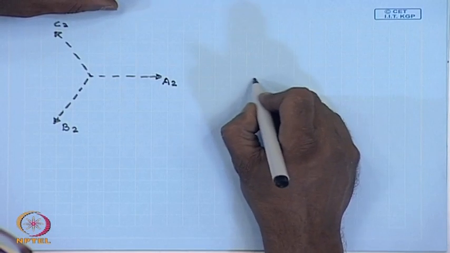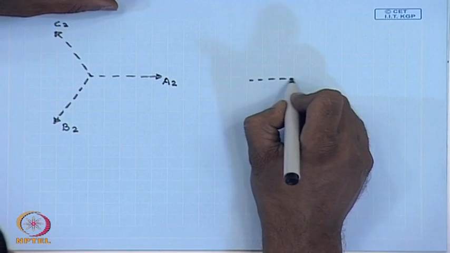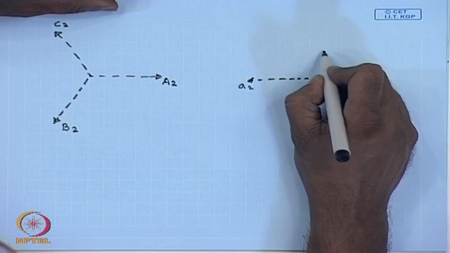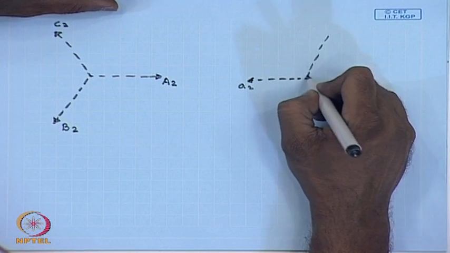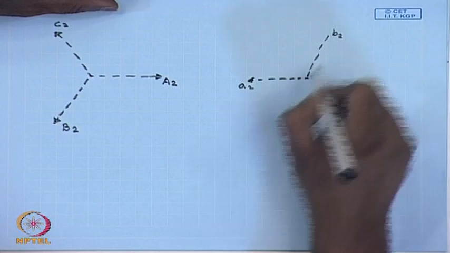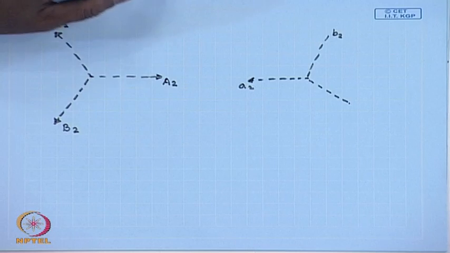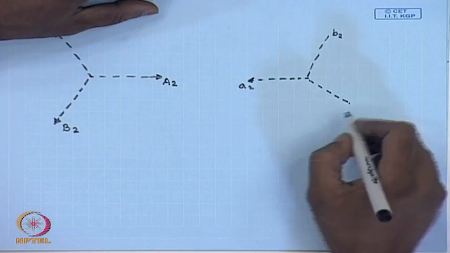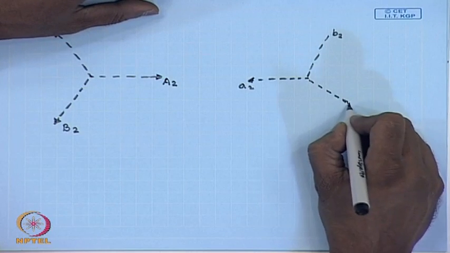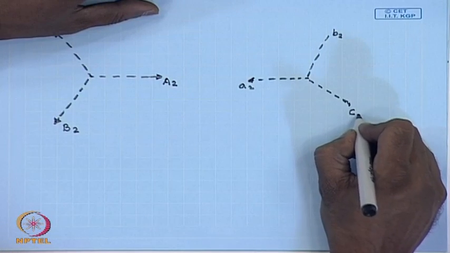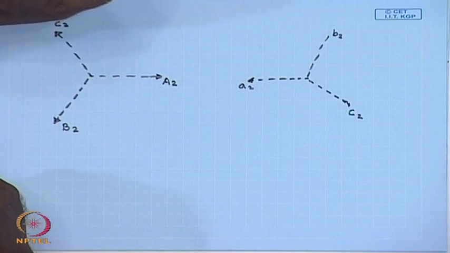Similarly, on the low voltage side, this is terminal small A2, this is terminal small B2 and this is terminal small C2. Then how do we make the connections?